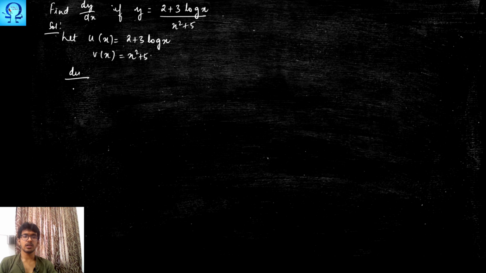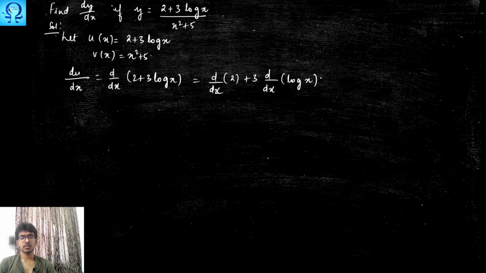Now let us find du/dx. That happens to be d/dx of (2 + 3 log x). When I make use of the sum rule and the scalar multiple rule, I get these things. The first quantity is 0 since we are talking about the derivative of a constant, and this happens to be 3 times 1/x, so it is simply 3/x.